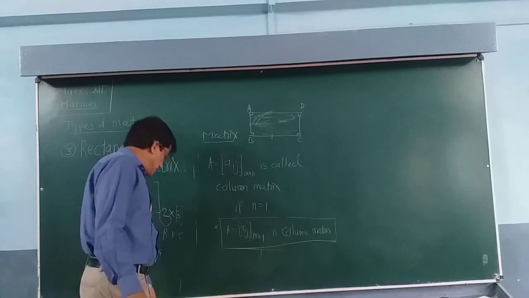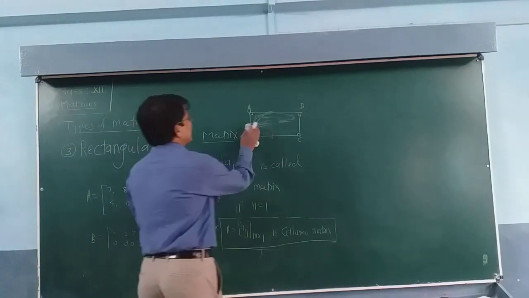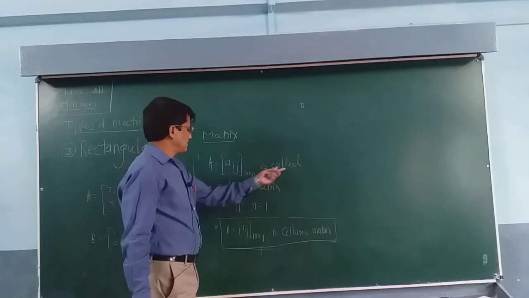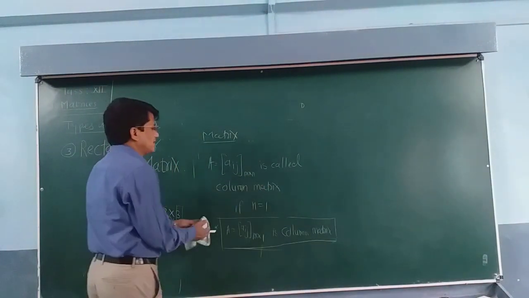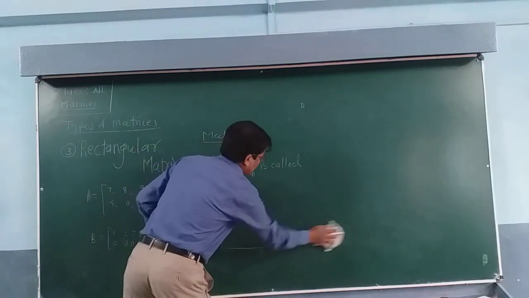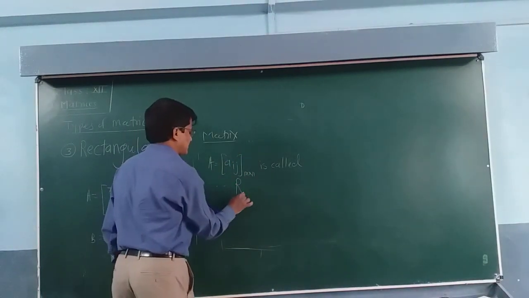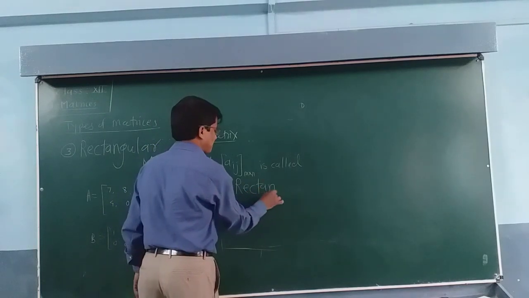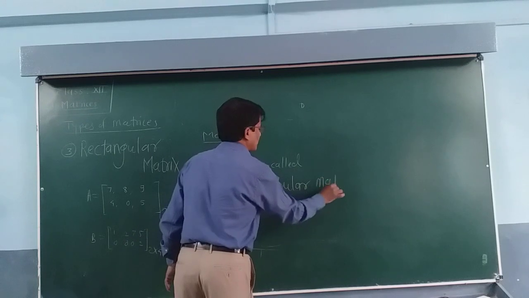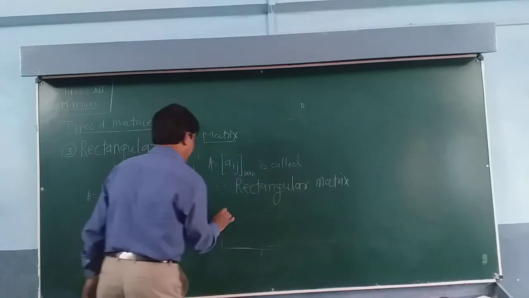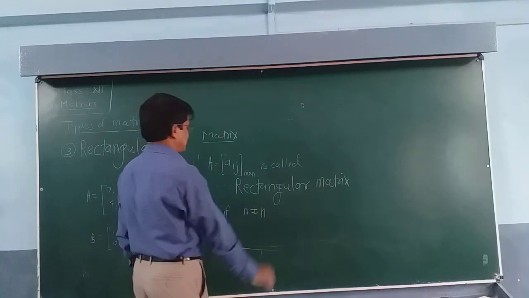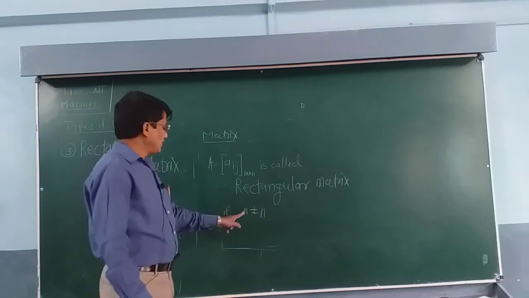So in a general definition, we can write it as A of order M by N is called a rectangular matrix. What will be the condition? If M is not equal to N. What is M?